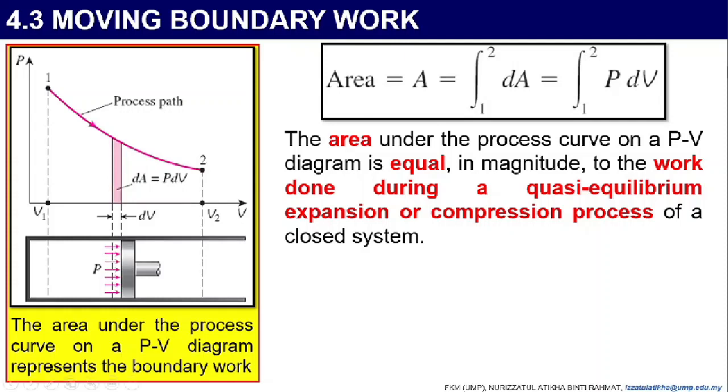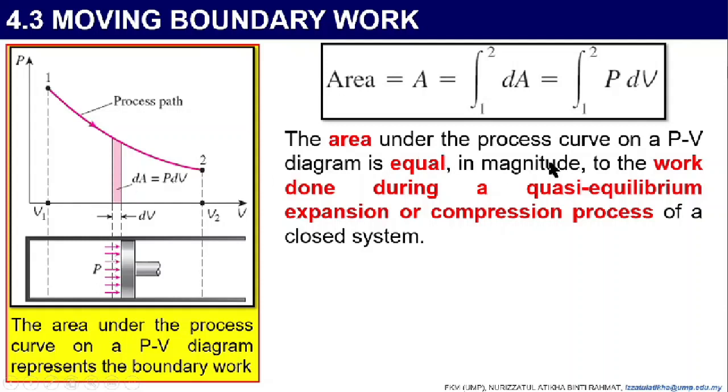By integration of P times dV, like I explained just now. This is equal to the area below this process path. So below this area is the total moving boundary work. You can write here W_B, boundary work.